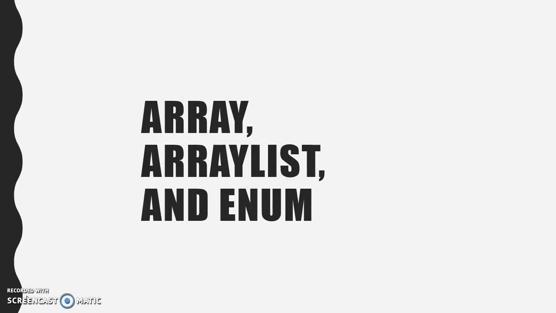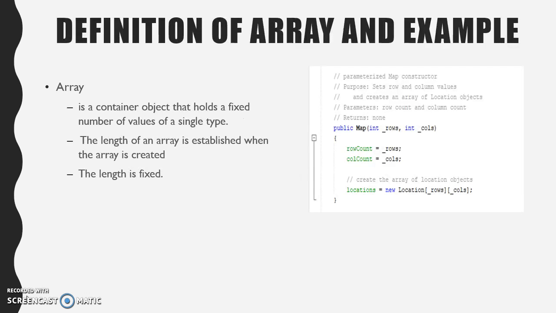The next topic is ArrayList and enum. The definition of array and an example is on the slide. An array is a container object that holds a fixed number of values of a single type. The length of the array is established when the array is created. The length is fixed. The map class on the right-hand side shows an example that creates an array for the location objects.